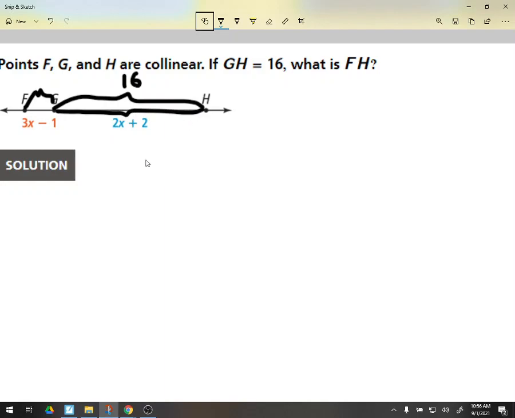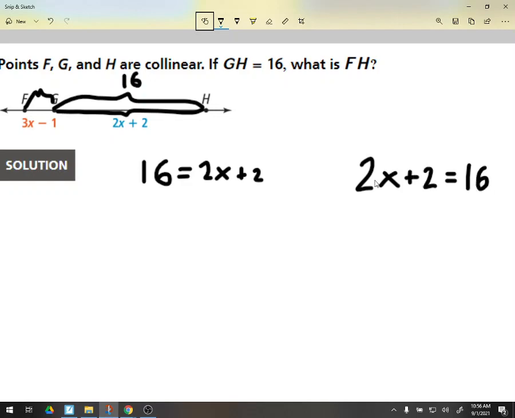So that means that 16 and 2x plus 2 have to be the same thing. You might want to write 2x plus 2 equals 16. You can do that either way, and then we can just solve it.